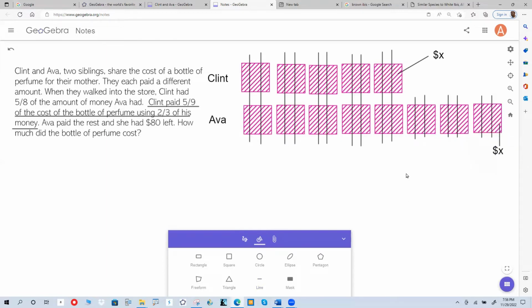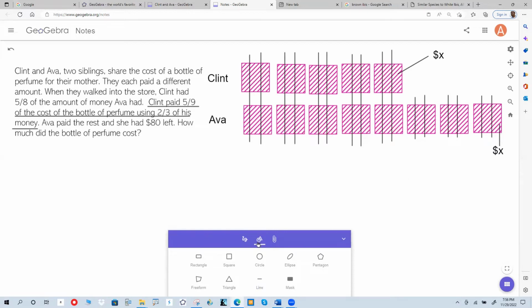Okay, now I can say that Clint originally had 15X dollars and Ava originally had 24X dollars because Ava has 24 little strips. Each strip represents X dollars, and Clint originally had 15 little strips, and each strip represents X dollars.